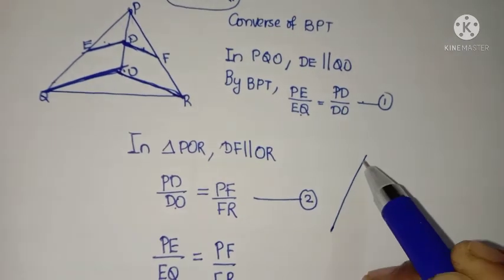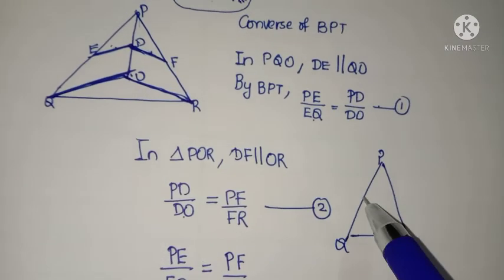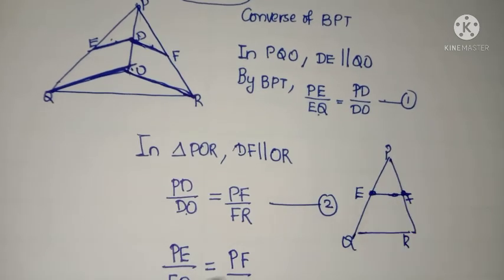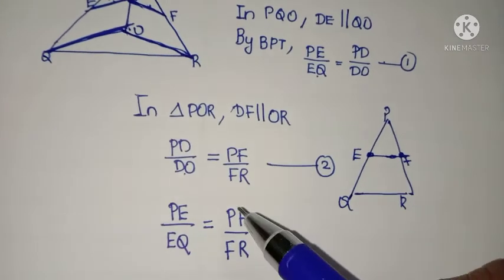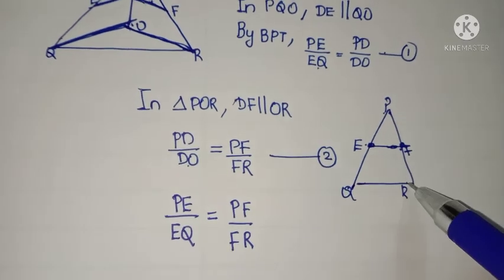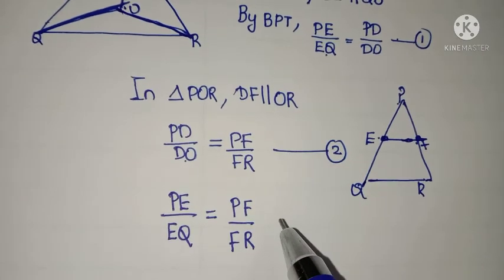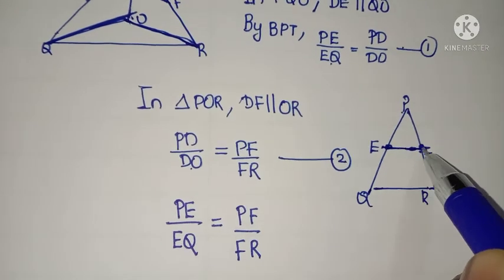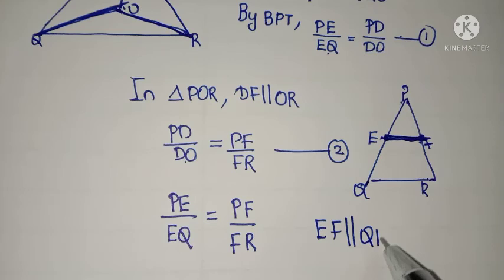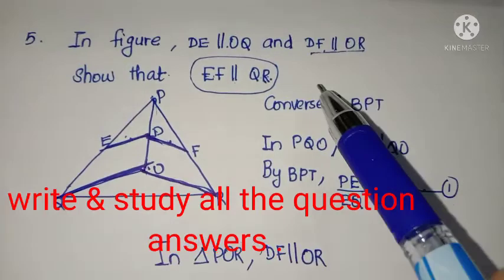So in the triangle PQR, E and F are 2 points satisfying the condition PE by EQ equal to PF by FR. So ratios are equal. So by converse of basic proportionality theorem, the line segment joining these 2 points, that is EF, is parallel to QR. EF is parallel to QR by converse of basic proportionality theorem.